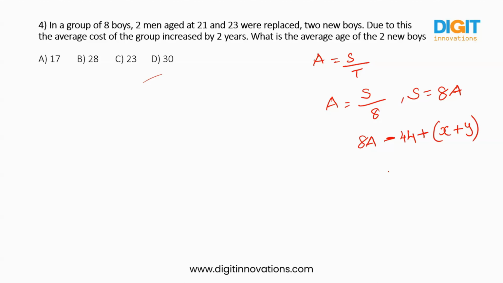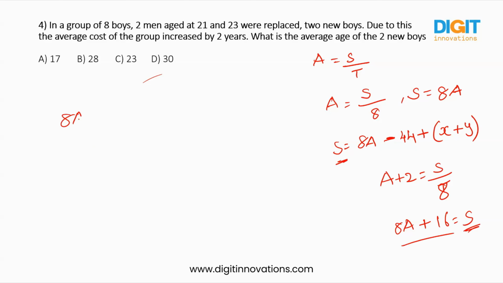And due to that, the average of the group increased by 2 years. So the average is increased by 2, but total will be 8 only. So it will be 8A plus 16 equal to S. In this S place, I'm going to place this one.